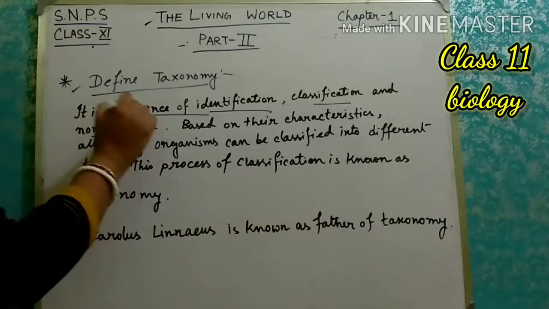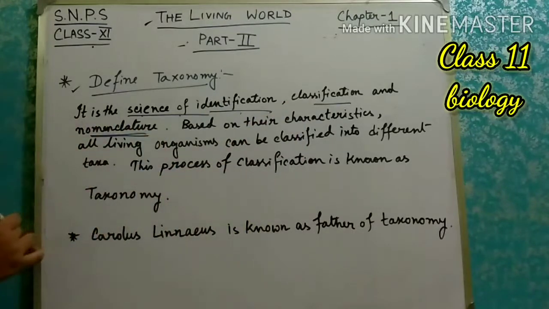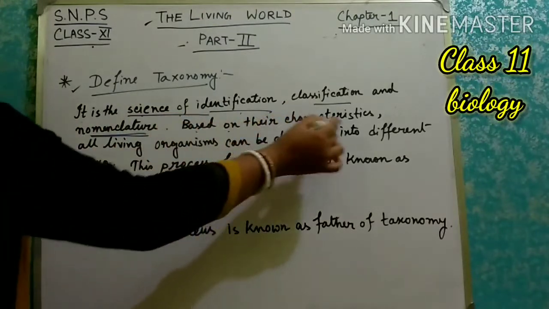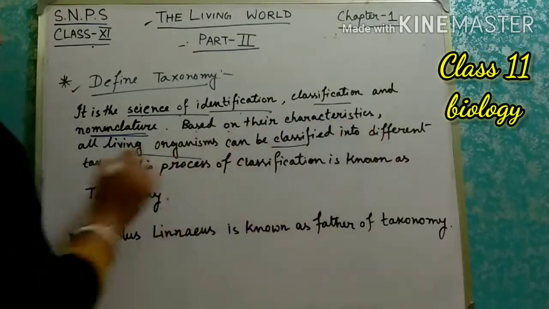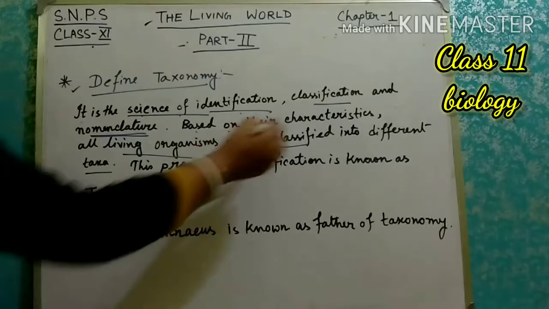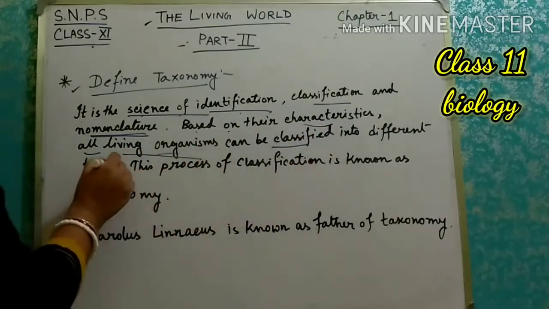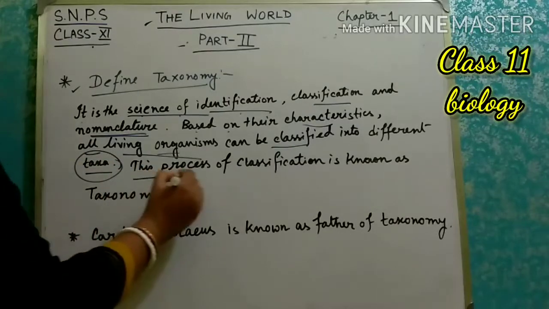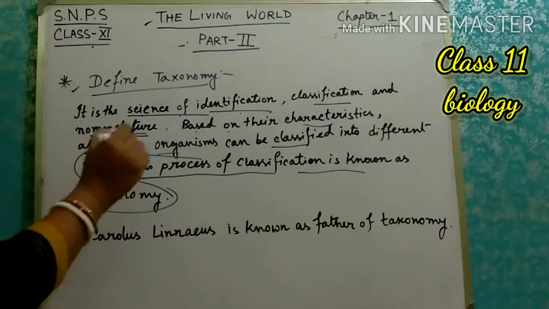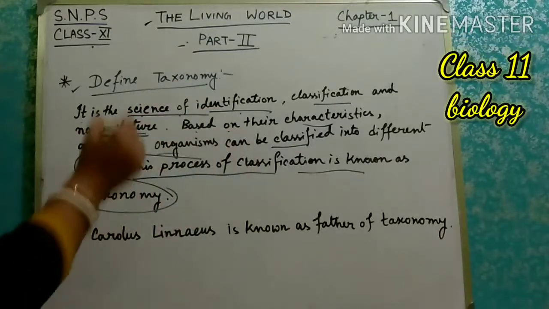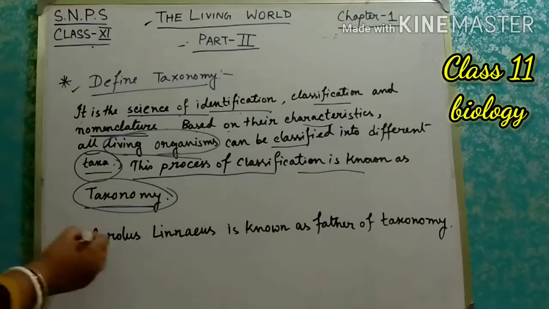Based on their characteristics, all living organisms can be classified into different taxa. This process of classification of the living organisms is known as taxonomy.